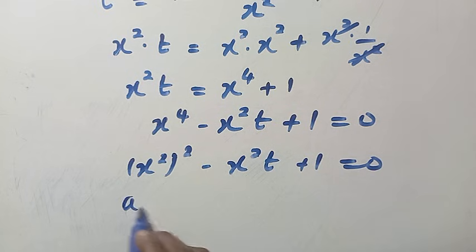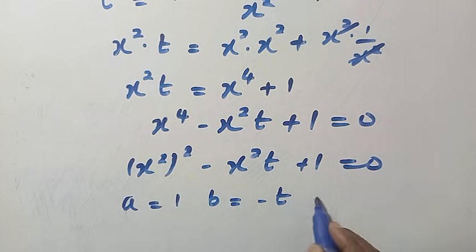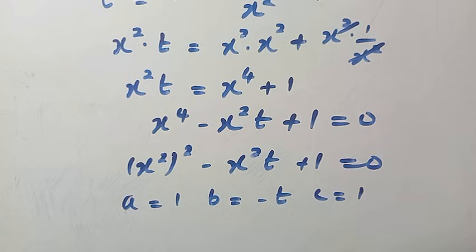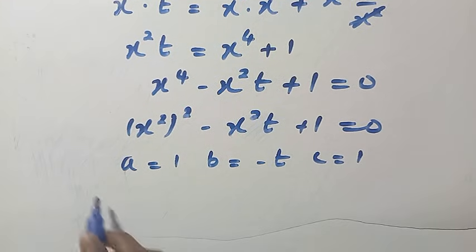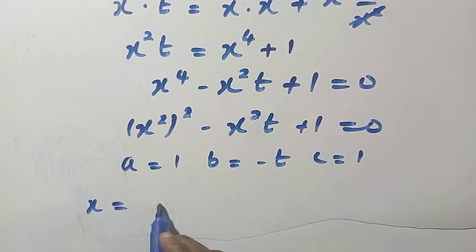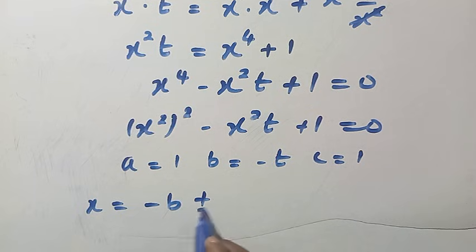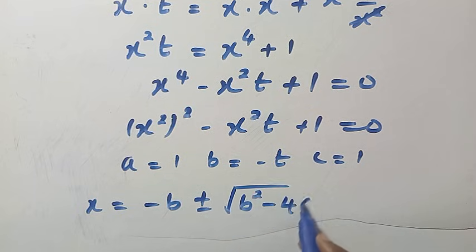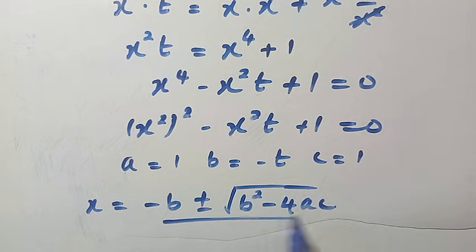So we need a, which is 1, and we need b, which is minus t, and we need c, that is 1. So applying the quadratic formula, x equals minus b plus or minus the square root of b squared minus 4ac, divided by 2a.